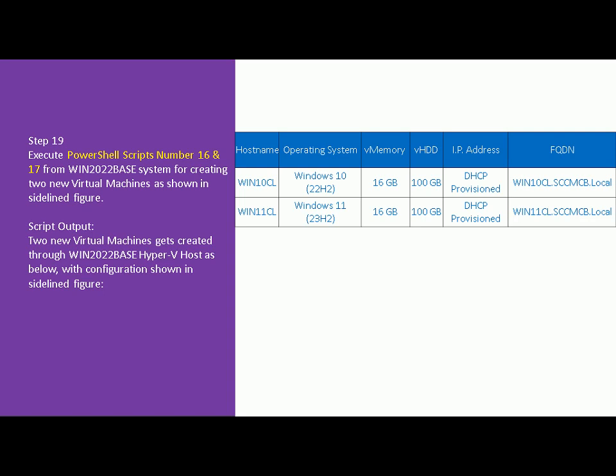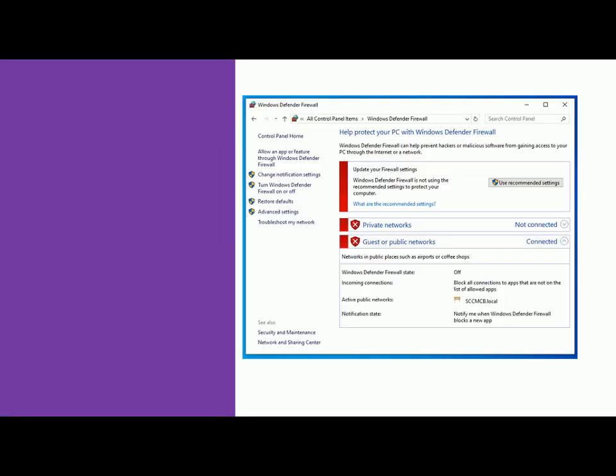We have created both virtual machines through PowerShell, Win10 CL and Windows 11 CL. Okay, so let's move on to the next step. Now the next step is: once both the Windows 10 CL and Windows 11 CL VMs' OS installation finishes, complete the post-installation tasks and log on with the local admin user. This has also been completed.